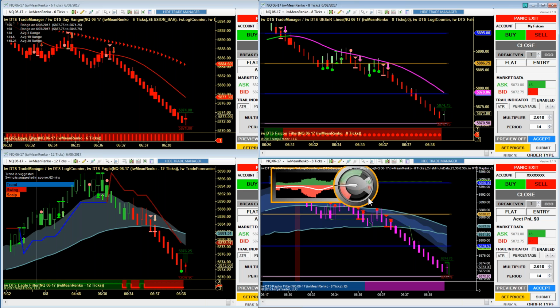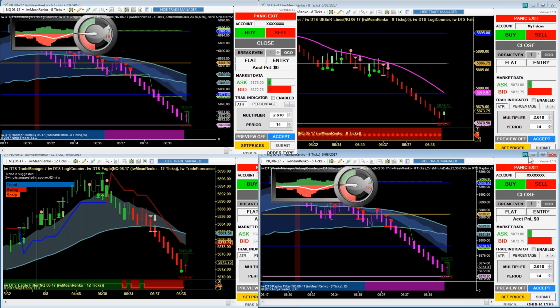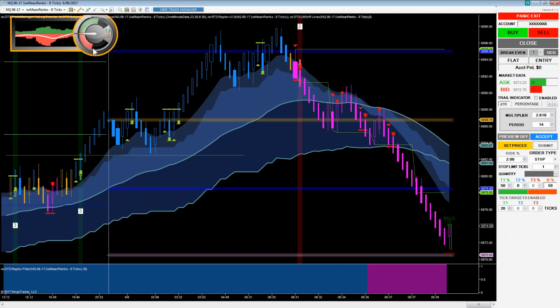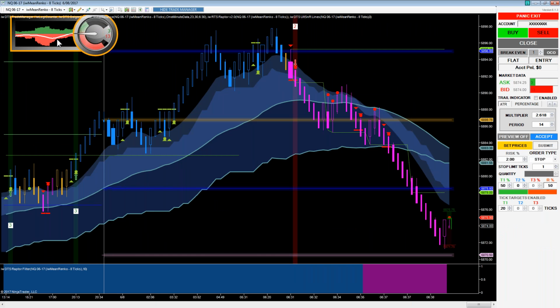You can see here our Geiger counter, how it's just stuck here on the short side. See that big bulk of selling that went through the market, the buyers unable to offset it? Well, that end result was this move lower right here.